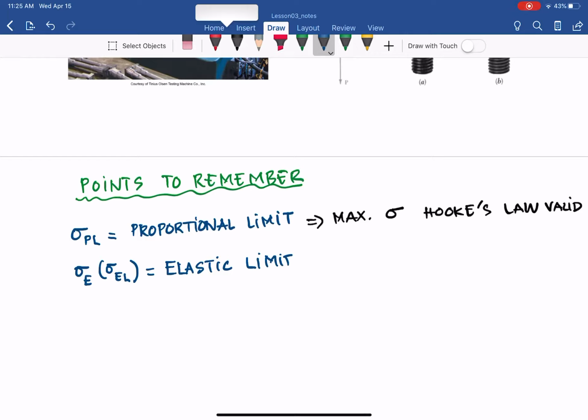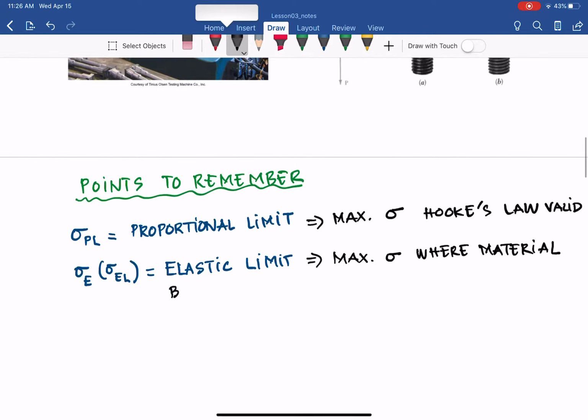So it will be the maximum sigma where the material behaves elastically.